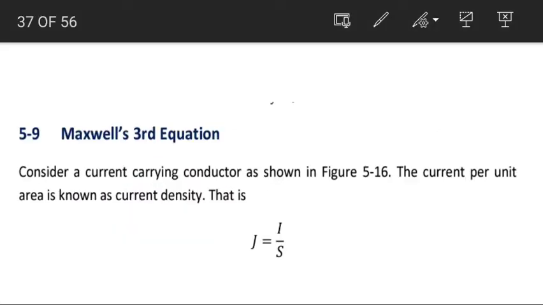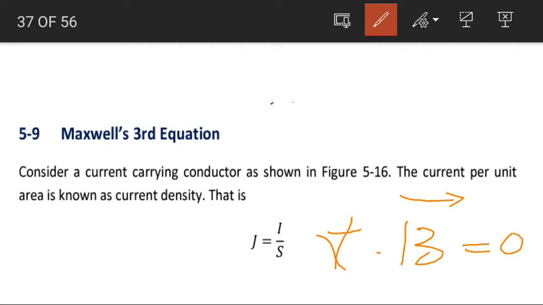Well, we have already discussed the second equation of Maxwell in this particular chapter. So here is the second equation of Maxwell. The divergence of the magnetic flux density is always equal to 0, and this equation is known as the second equation of Maxwell.